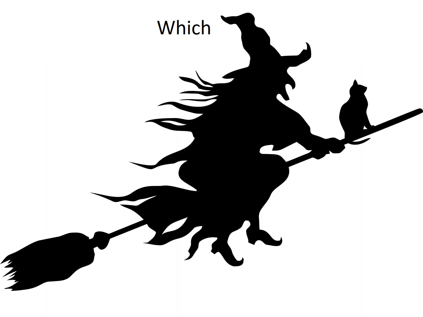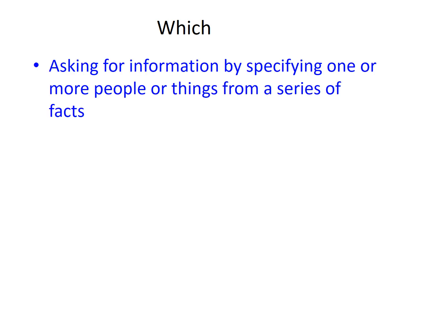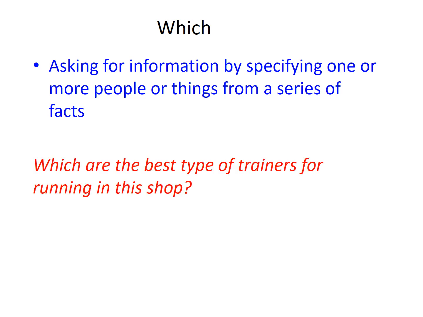Which? Not that kind of which, no, not at all. Which actually is used when asking for information by specifying one or more people or things from a series of facts that are shared. So, which are the best type of trainers for running in this shop?